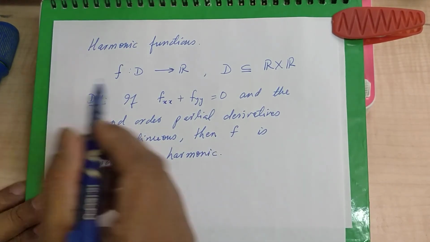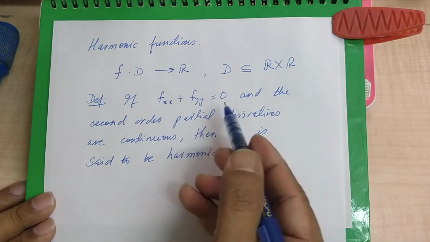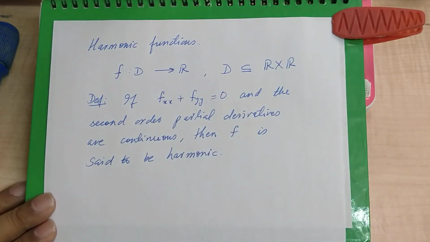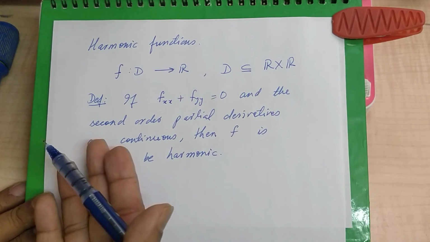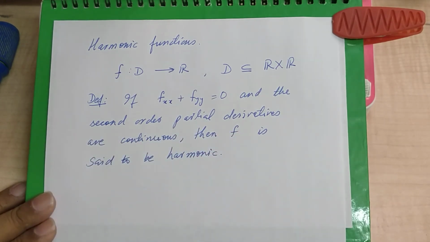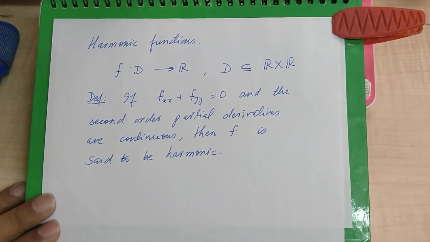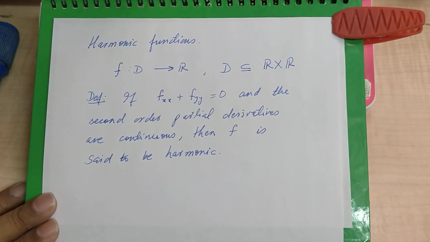A partial differential equation like this is called the Laplace equation. So a solution of the Laplace equation which has continuous second order partial derivatives is called a harmonic function.